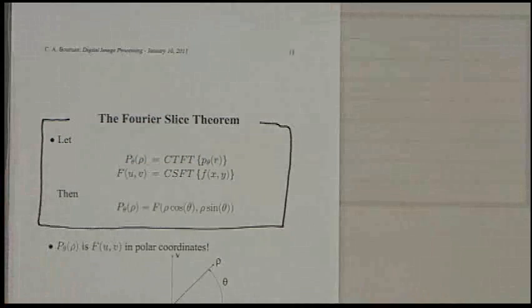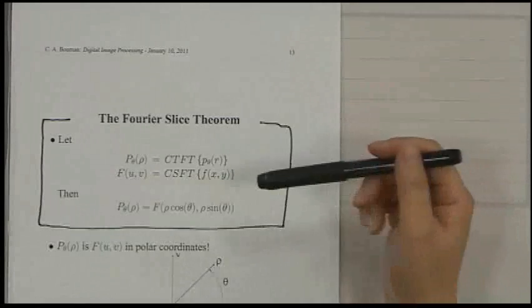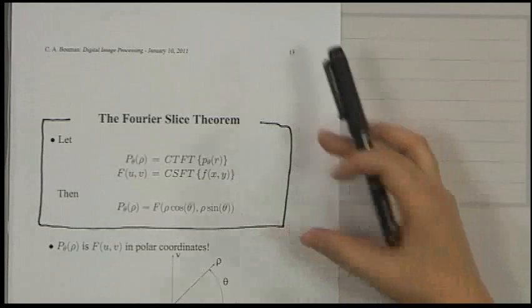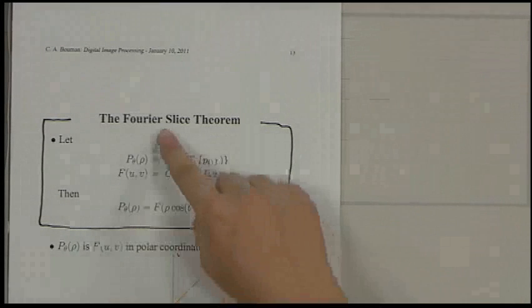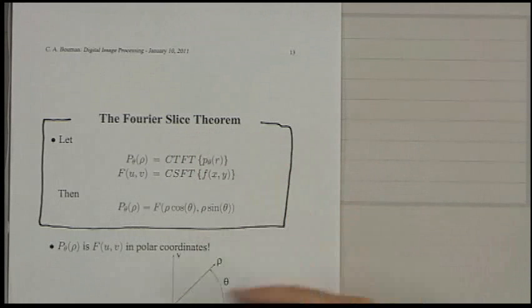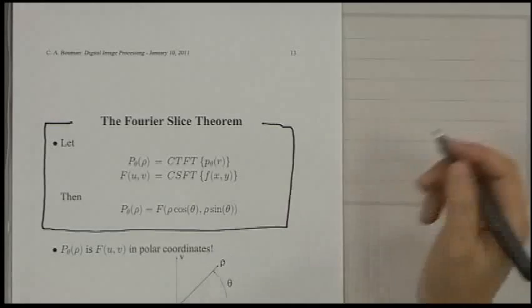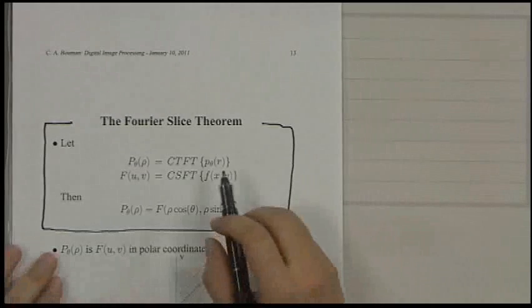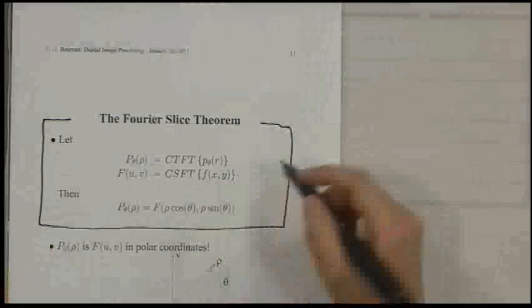Here they show the conclusion first and the proof comes later. Before talking about the Fourier slice theorem, we define two equations first. We will see these terms a lot later, so please remember them.